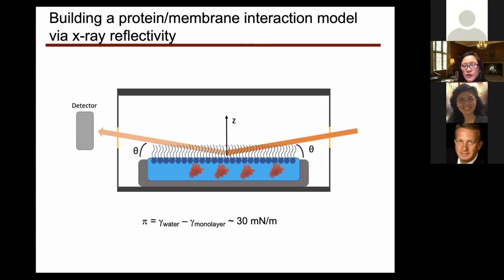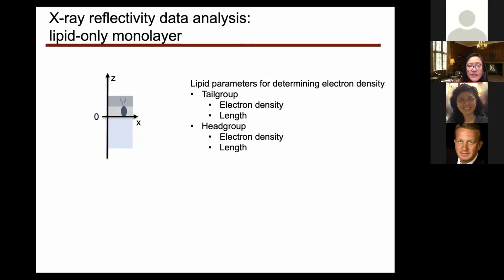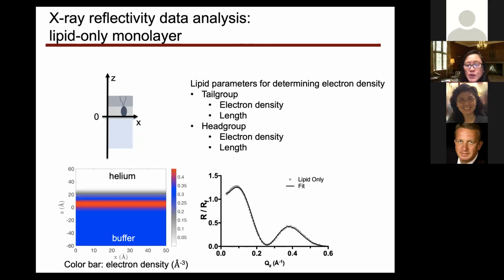So we turn to Grayson's X-ray reflectivity to get at the orientation as well as the depth of penetration of the protein into the lipid surface. With this crowd, I don't have to go through the detail of the technique, but it allows us to back out the electron density as well as the length of the tail group, the head group, and whatever associated protein you would have on the system.